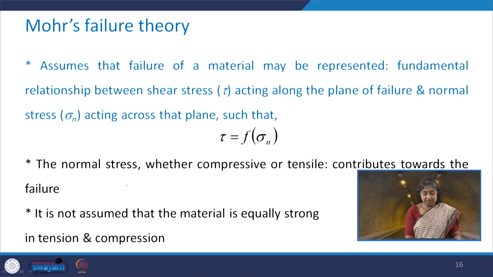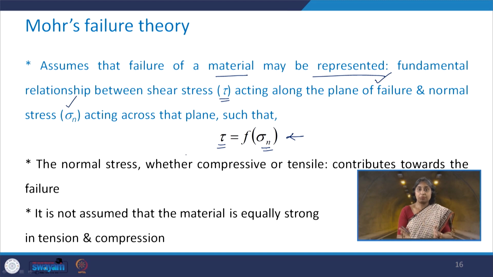In Mohr's failure theory, it is assumed that failure of the material can be represented by a fundamental relationship between the shear stress acting on the plane of failure and the normal stress acting across that plane, such that it can be written in this particular form, tau as a function of sigma n. Tau is the shear stress and sigma n is the normal stress acting across that plane.